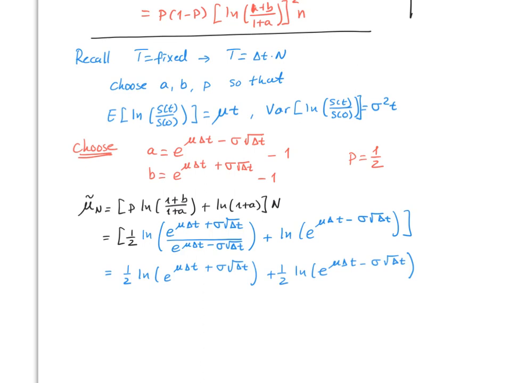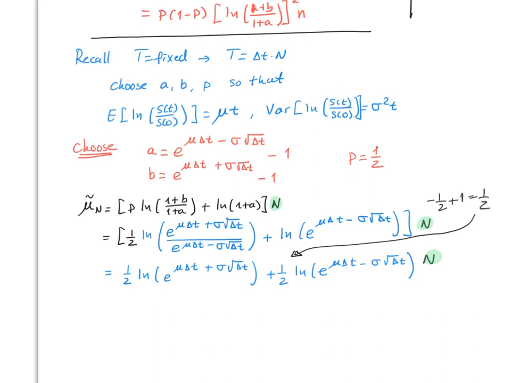Remember, if you have a log of a division, it's the same thing as subtracting the logs. So technically this will give you minus 1/2 this, but then you have 1 in here. So minus 1/2 plus 1 gives you 1/2. So this is how we get this value here. Also remember that all of this is being multiplied by n outside, so let's not forget that we have n in here. Okay, so that's multiplying everything.